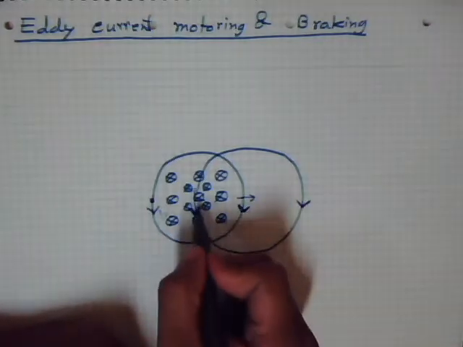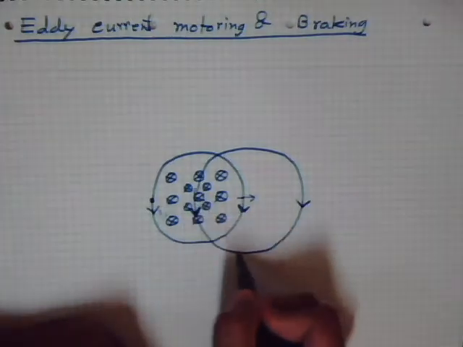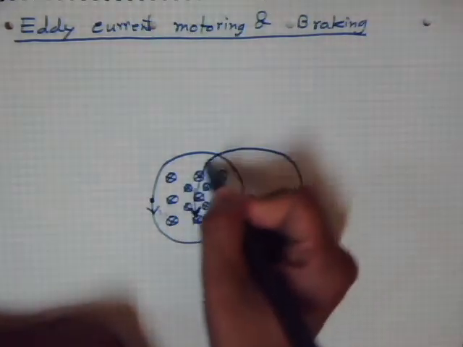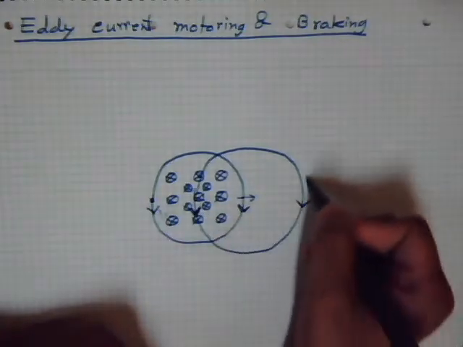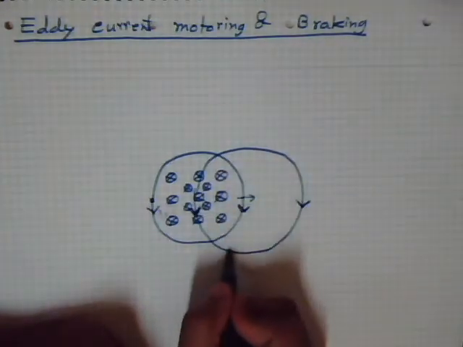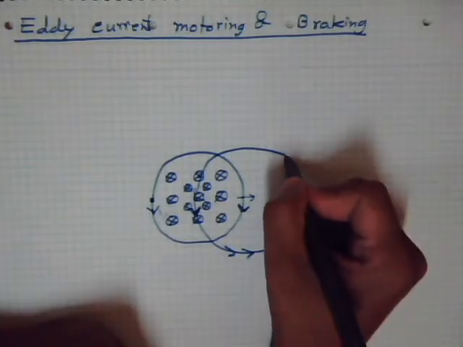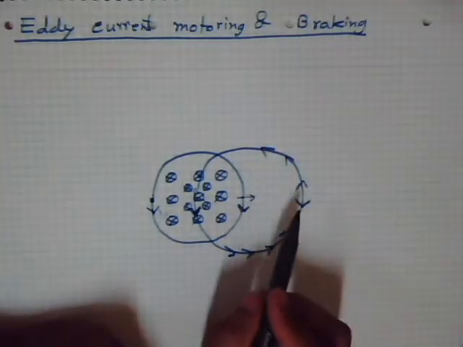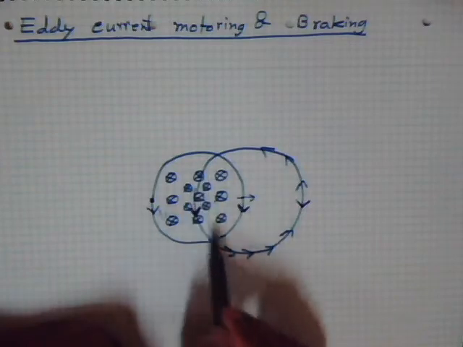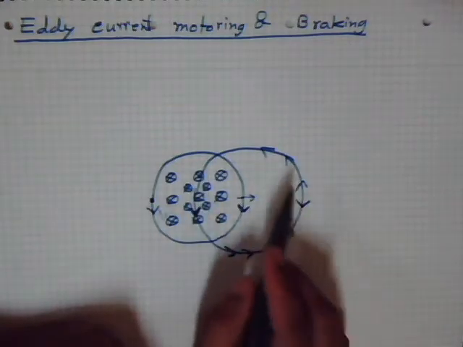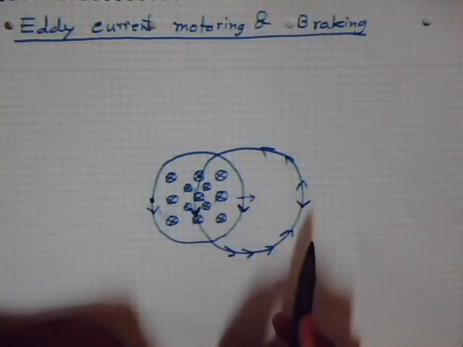So the resulting EMF in this closed path is counterclockwise, and it will try to drive a current in counterclockwise direction along this path.